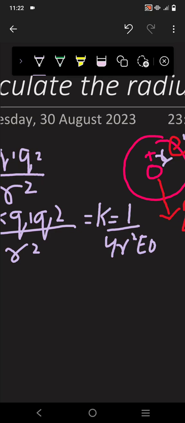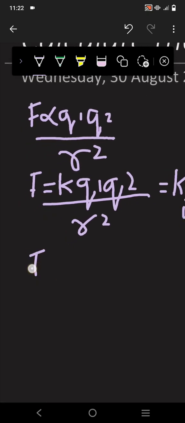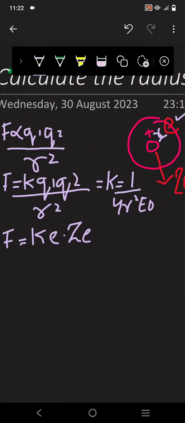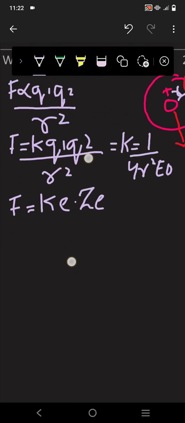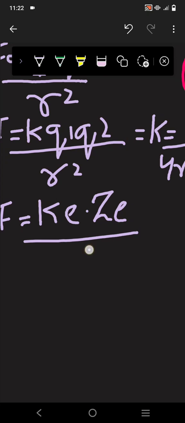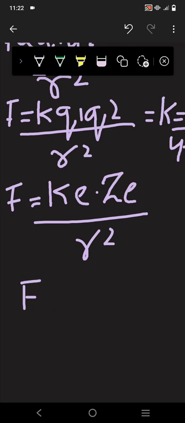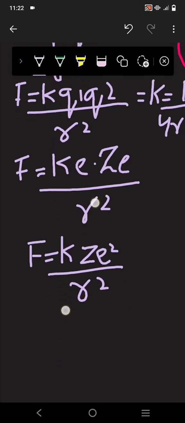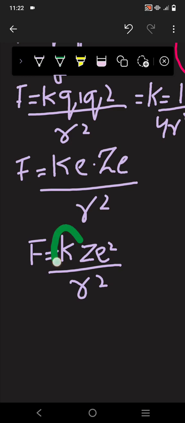Now we have F is equal to K e and Ze, because e was a charge in this diagram and Ze was a charge in this diagram, divided by r square. So that would be Ze square upon r square.